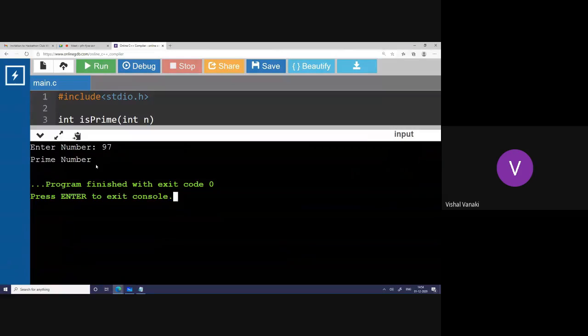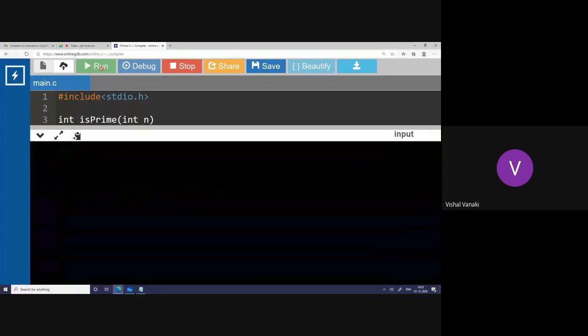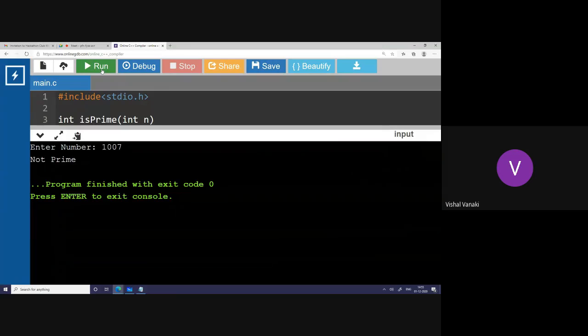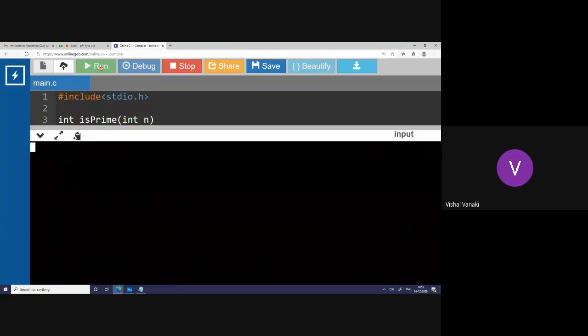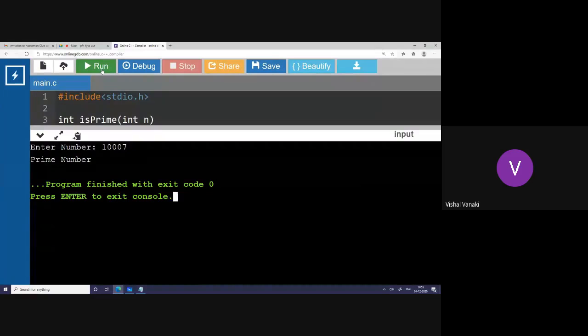You can go for 1007 also. 1007, not a prime. 10,007 is a prime number. 10007, prime number. 1,07,000 is not a prime, but 10,07,000 is a prime number. That's how it goes. Prime numbers are present in some common pattern there, right?